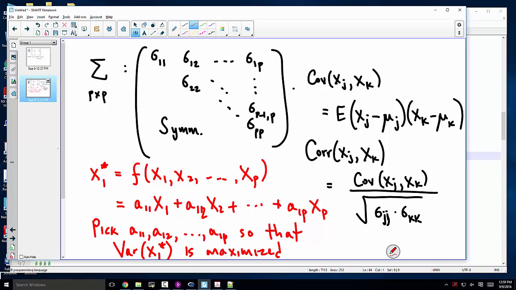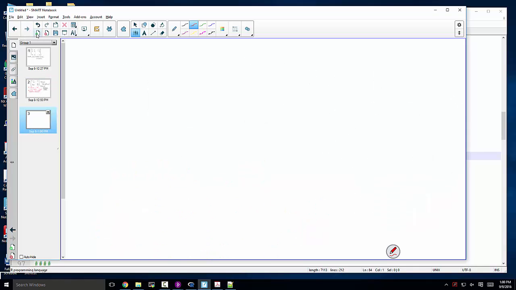Capturing and preserving all that variability means you need these new variables to be high variance. Otherwise, they're not informative. They don't tell you anything. So pick the constants of a linear combination such that the variance is maximized. And that has a mathematical solution, which is principal components.